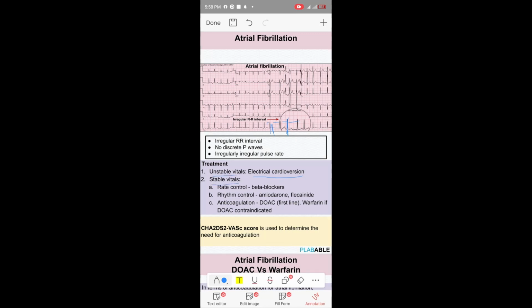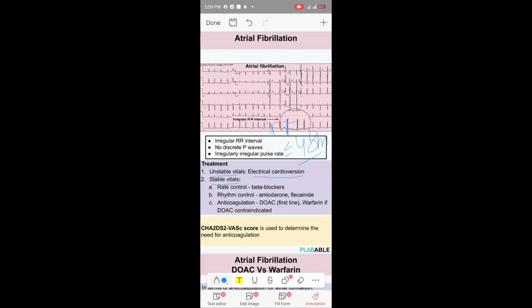For stable patients, AFib is a little tricky, but I'm going to confine it to your level and not go into the details. If the patient is stable and presenting in less than 48 hours, and you are sure the onset of AFib is less than 48 hours, then you can either electrically cardiovert the patient or chemically cardiovert with amiodarone.